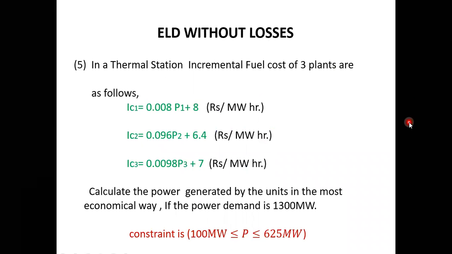So all of you look at this problem. What are the steps we need to follow? The first one is read the problem, then understand the problem. Once you understand the problem, then write the given data. From the given data, we need to write the corresponding formula.